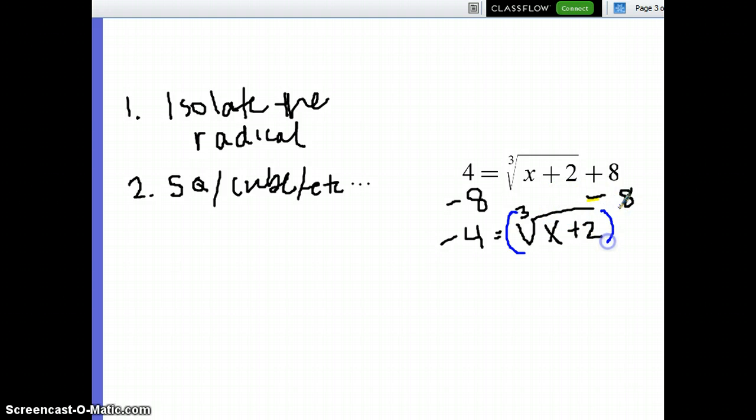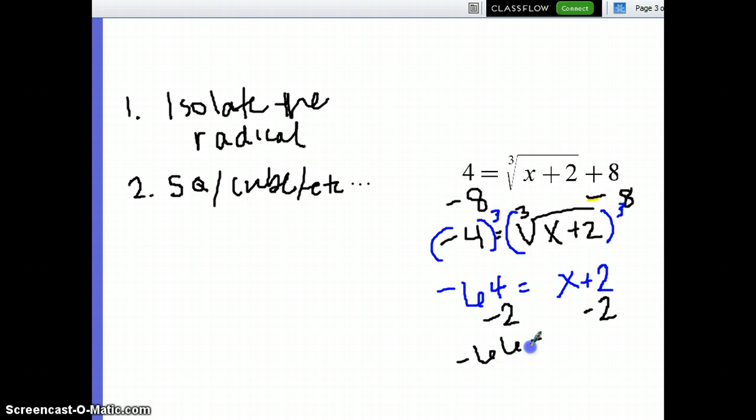I'm going to do this step in blue. So I believe negative 4 cubed is negative 64. Over here I'm just left with x plus 2. And now we just need to keep solving. So I'm going to subtract 2 from both sides. So we get negative 66 equals x.